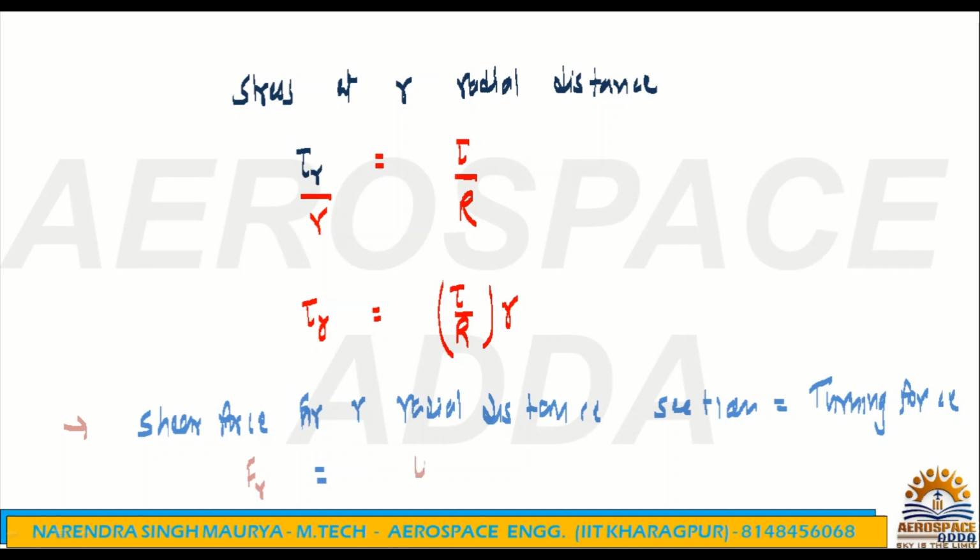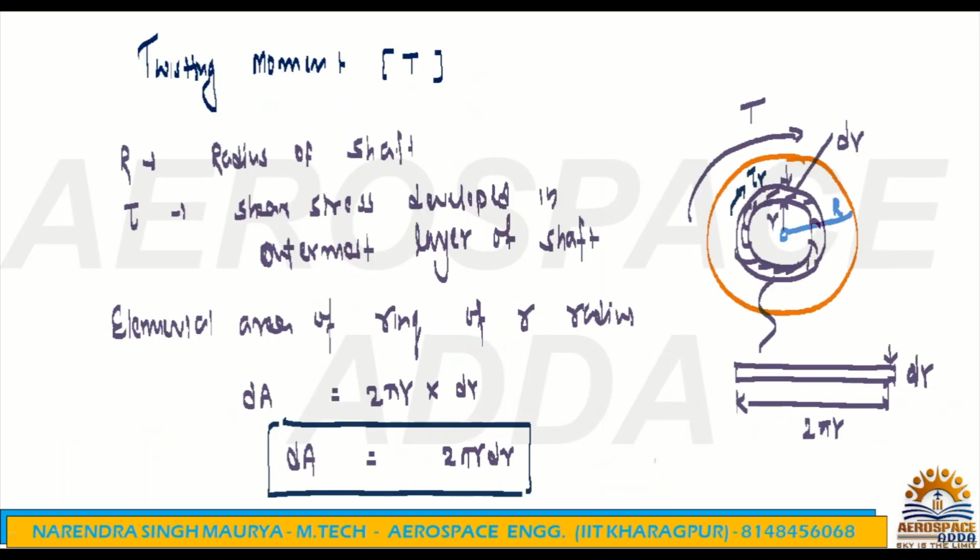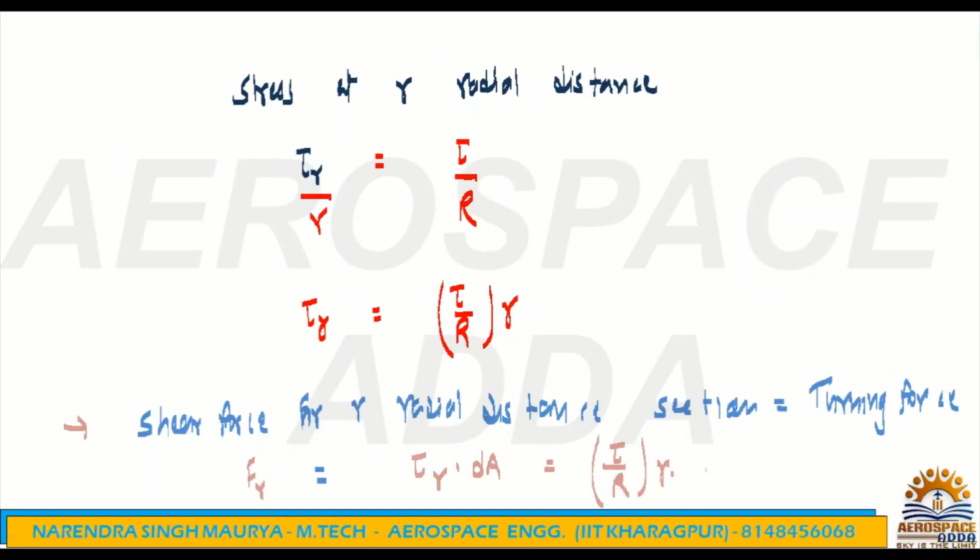F r is nothing but tau r into dA, that is the area. Okay, so it's tau by capital R into small r into the area. Just now you have written the area as 2 pi r dr. Now check, stress into area will be force or not. Yes, it will be the force.